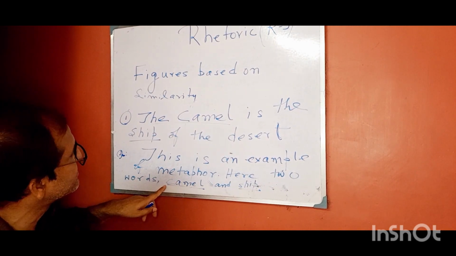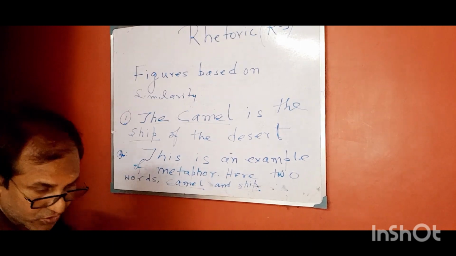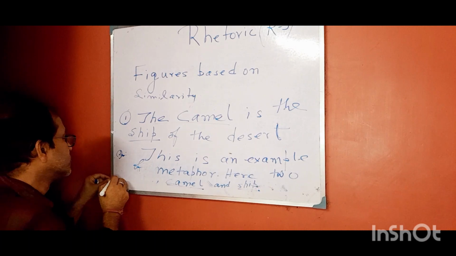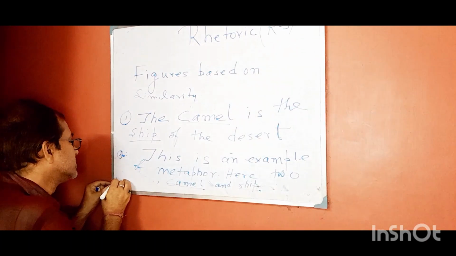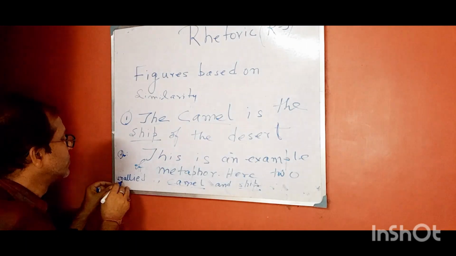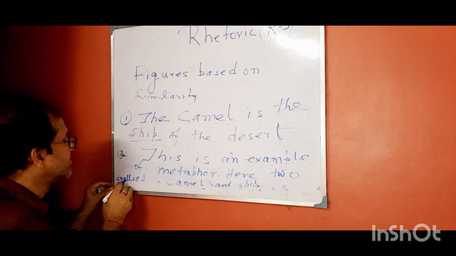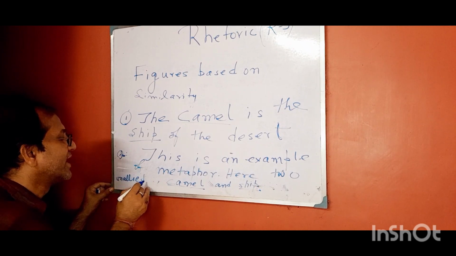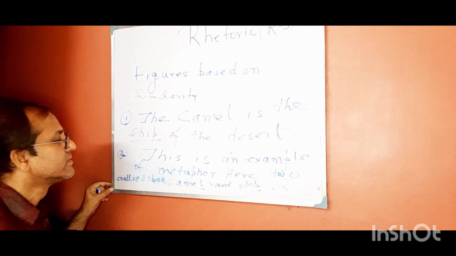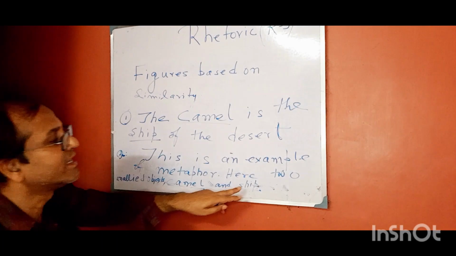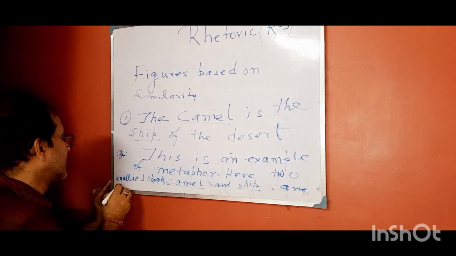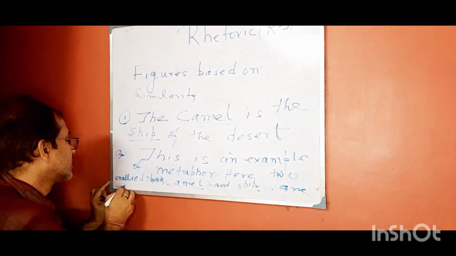Here two words, otherwise two objects, two unallied objects, camel and sheep, are compared.